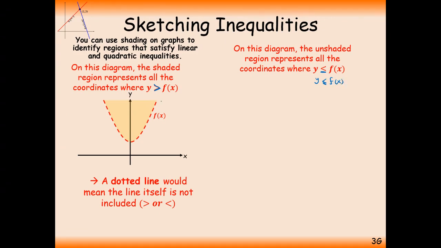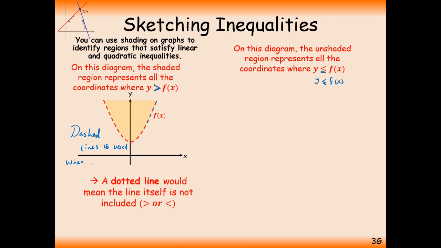Here y couldn't be equal to f of x, which is why we are using a dotted or dashed line. A dashed line is used when equality is not included.